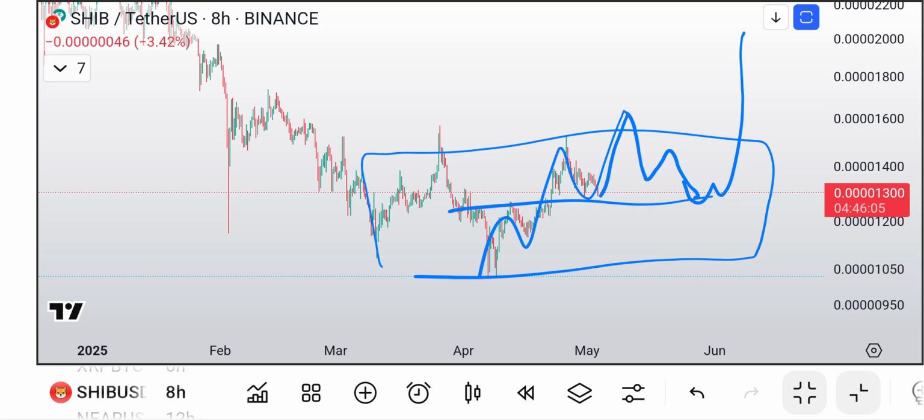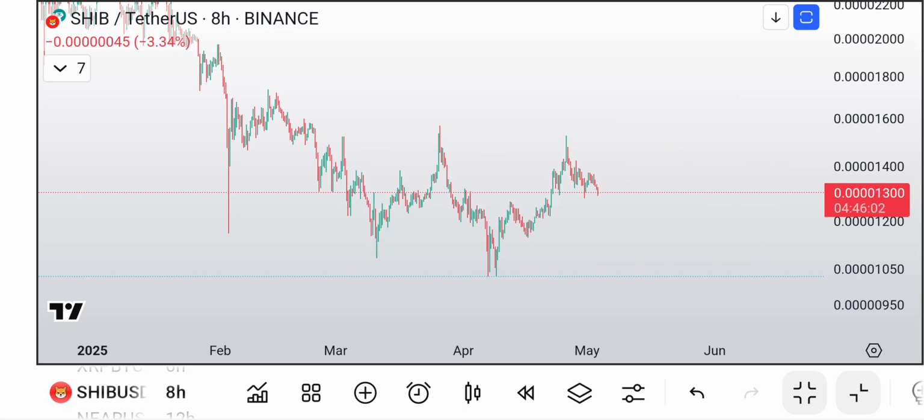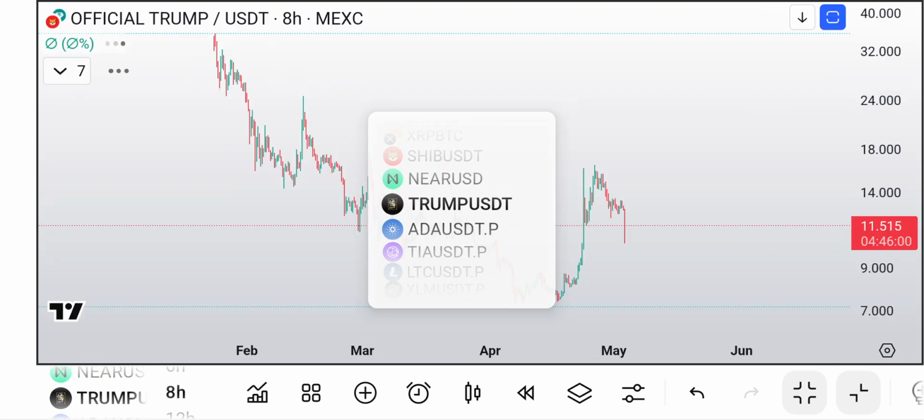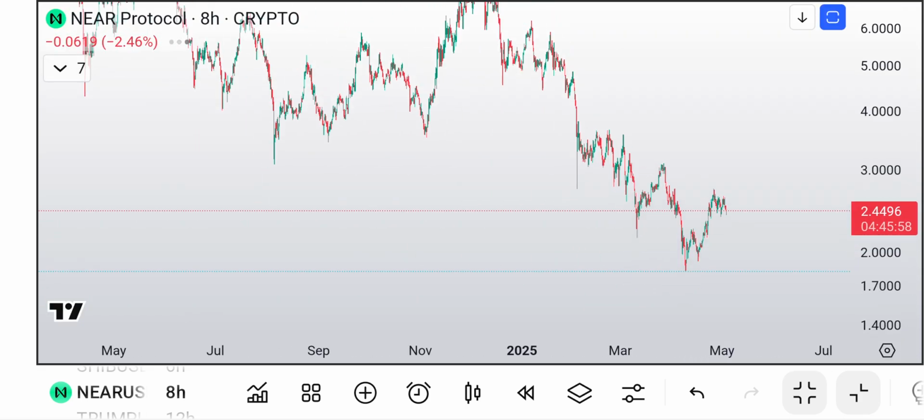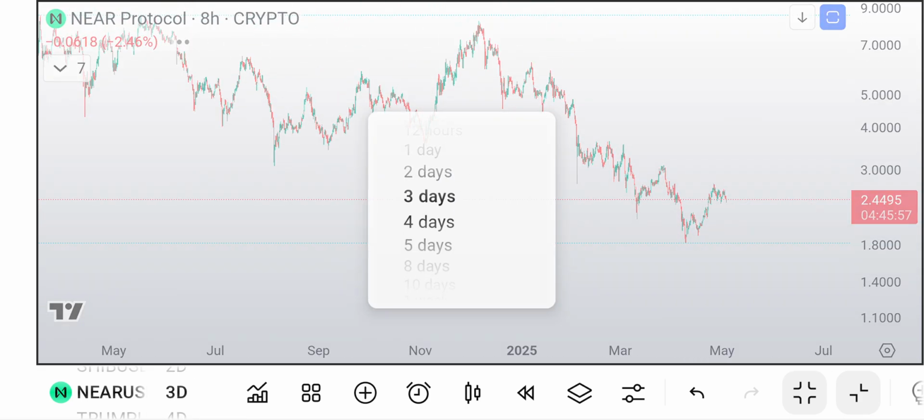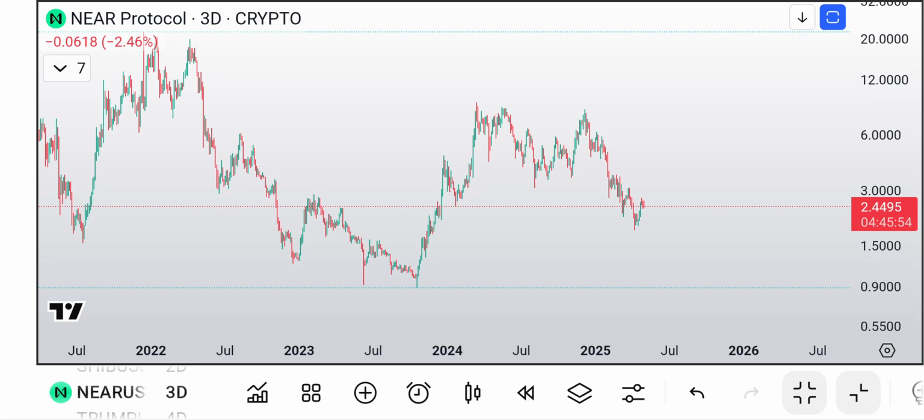And then kind of get going. So, same thing with NEAR. You got this major 3-wave pullback. So ICP, NEAR, and AVAX all have the same chart. So just pick one.